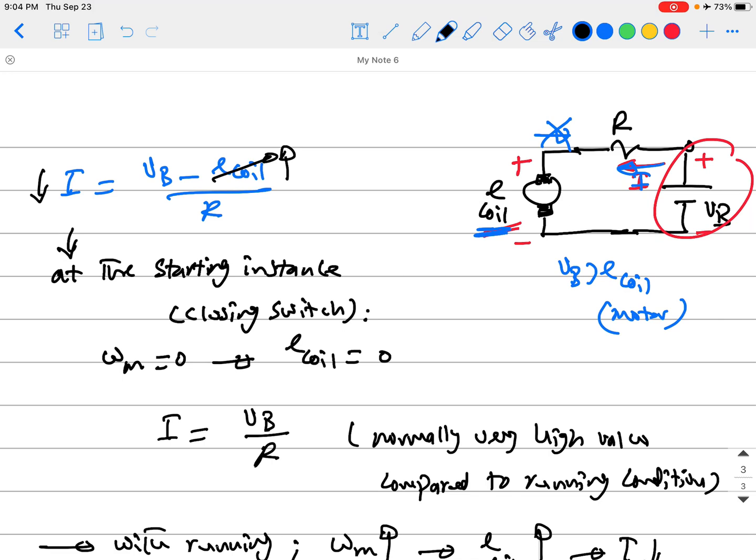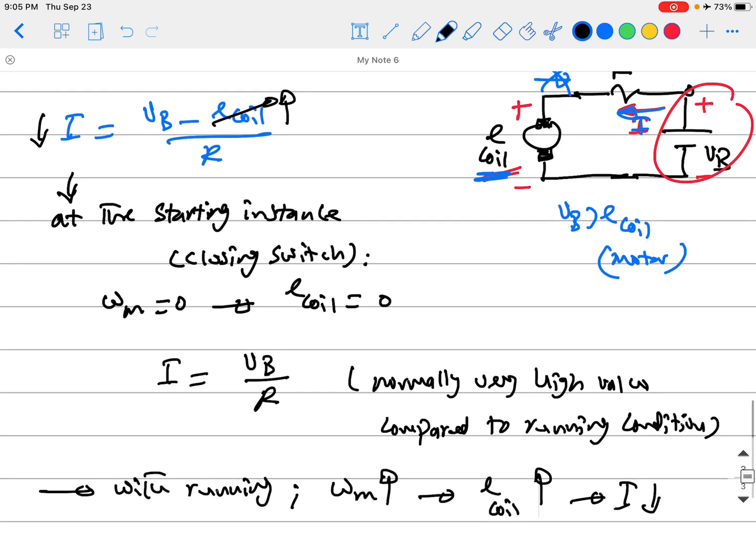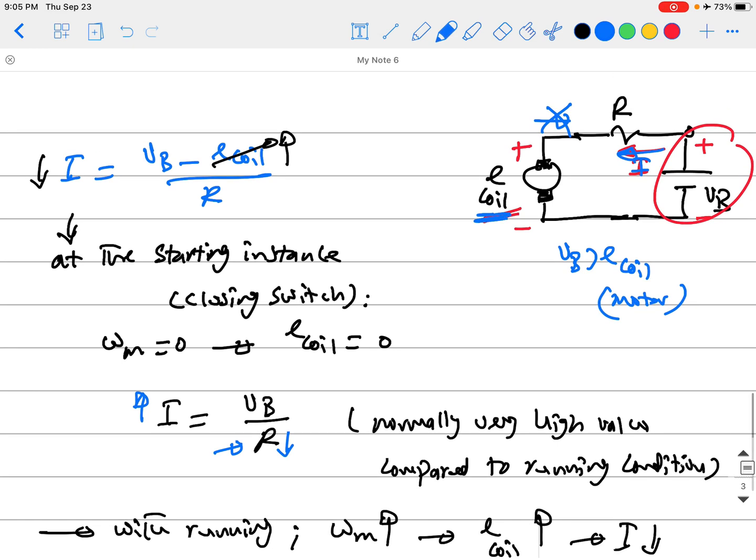So at the starting there is no induced voltage, which means the current will just equal the external voltage VB divided by the resistance, and the resistance is very low, so the current will be very high. But while the machine starts rotating, now you have a speed and induced voltage in the coil. This induced voltage starts going up, and that means the current will start going down.